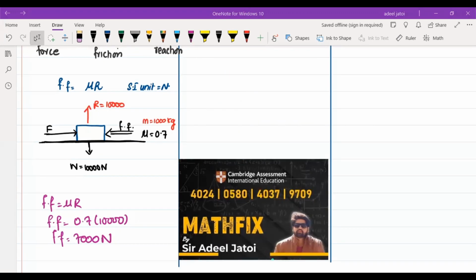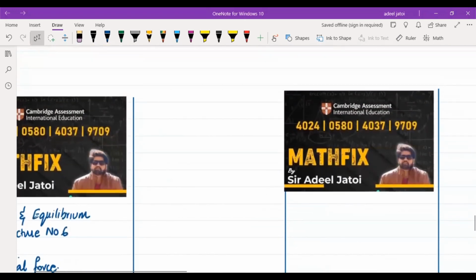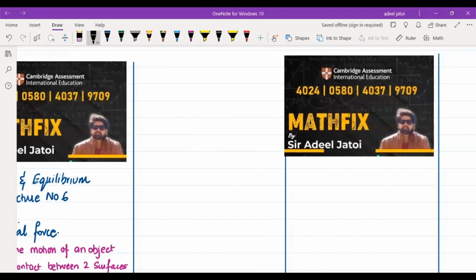So let's now work on the three types of frictional force impact on the object. First, if the force being applied is less than 7,000 Newton, the object will be in equilibrium because the force is less than the frictional force.